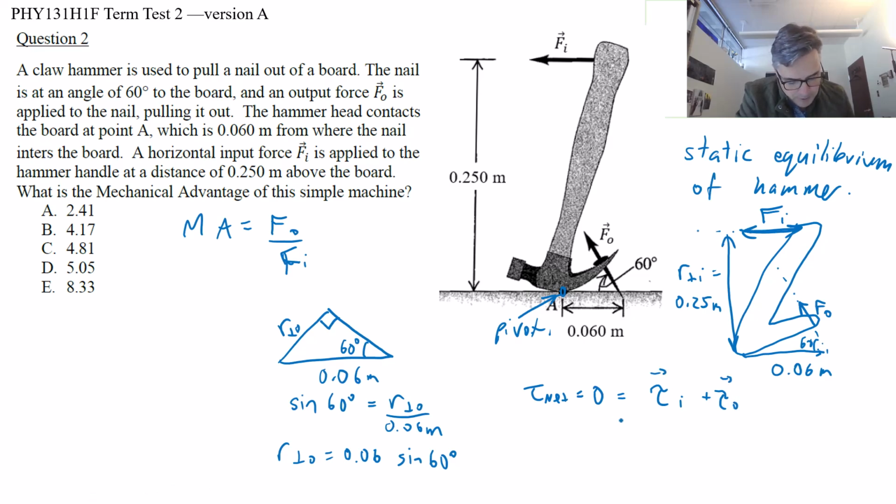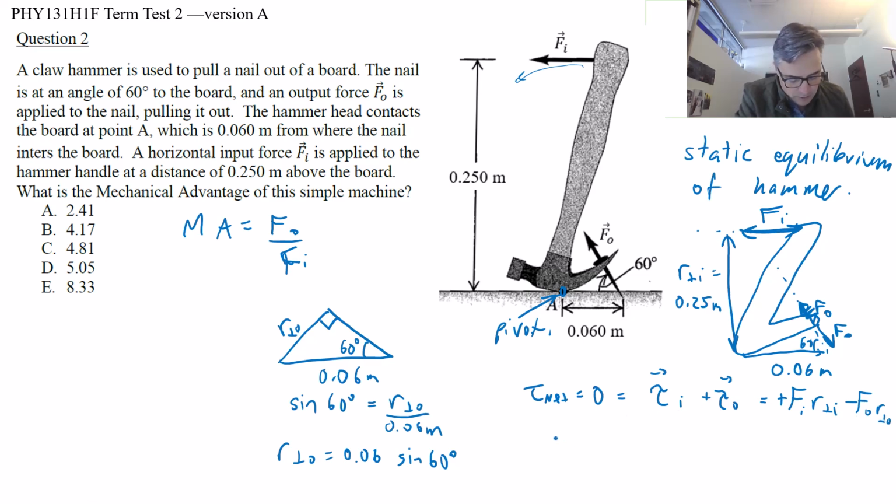So net torque is equal to 0, which is the input torque plus the output torque. Those should be equal and opposite. What we'll have is positive, because this is a counterclockwise force, Fi times R perpendicular input, and then the force on the hammer actually will be this way. It'll be Fo, a clockwise force, so Fo times R perp output.